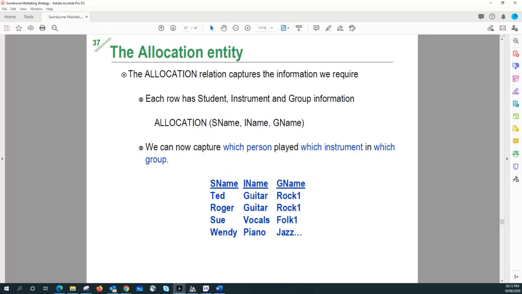So that weak entity contains a student name, instrument name, and the group name, right? So Ted, guitarist, rock band 1. Roger is a guitarist at rock band 1. So if I take these 3 as a primary key for that weak entity, it looks like a reasonable solution, because each is unique, right?